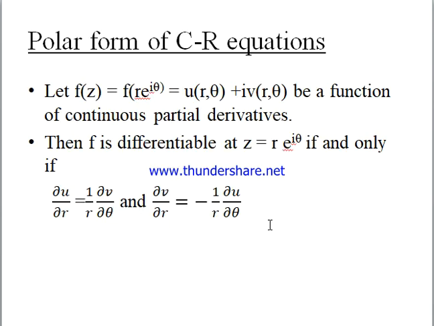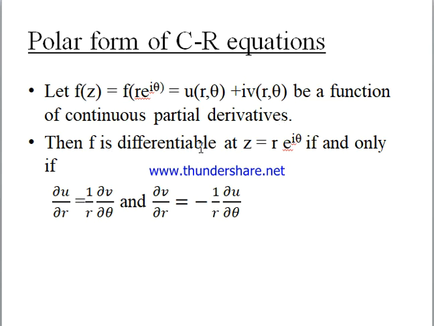Next is the polar form of the CR equations, written using r and theta. Let f(z) be f(re^(iθ)). Already we discussed the polar form z = re^(iθ), which is equal to u(r,θ) plus i v(r,θ), a function with continuous partial derivatives.